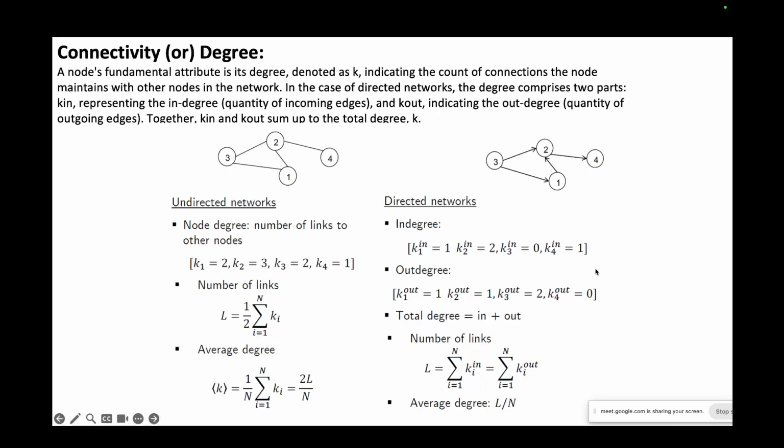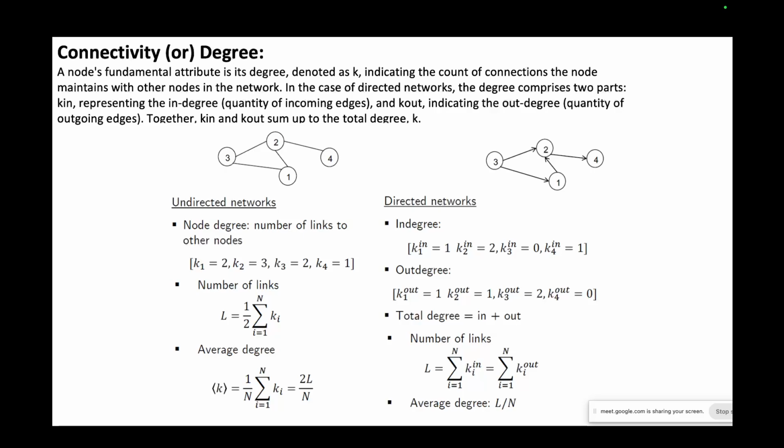But one thing to keep in mind in directed networks is that you're not counting an edge twice for one single node. Here, two nodes are sharing one edge, but in this case, we are separating it out in terms of defining the edges.